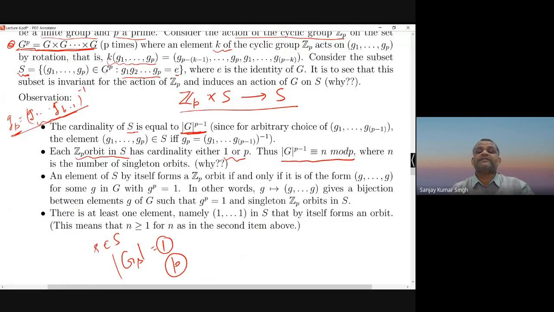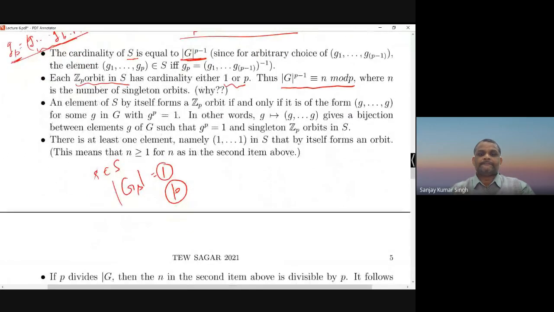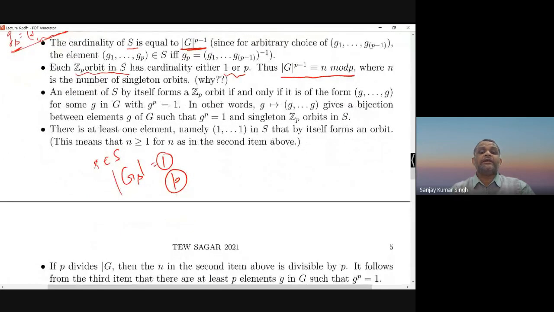Here n is the number of all singleton orbits. Now any element of S by itself forms an orbit if and only if it is of the form (g, g, ..., g). So if the orbit is a singleton, the element should be of this type, and it means g^p is equal to 1.